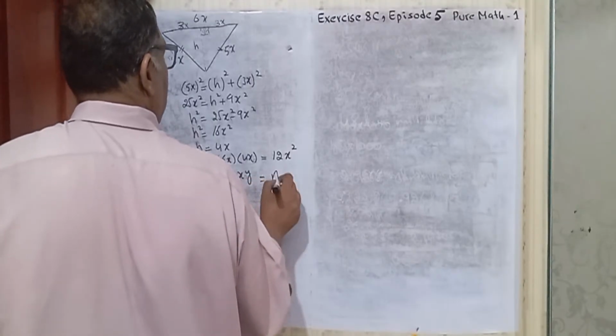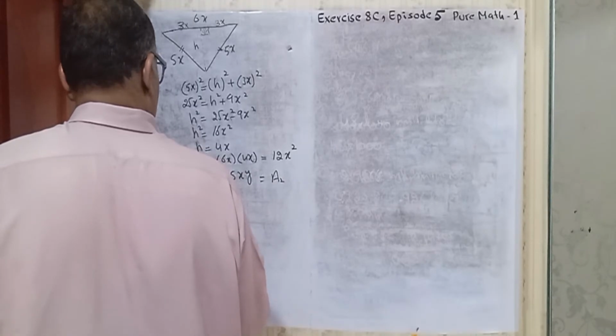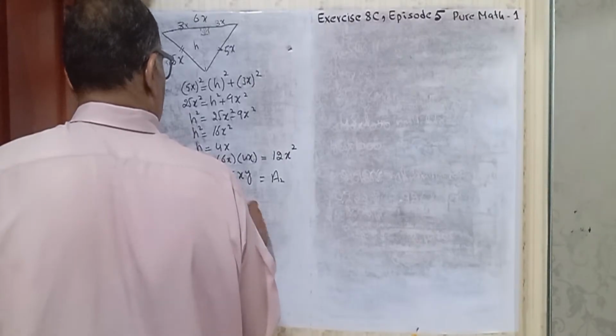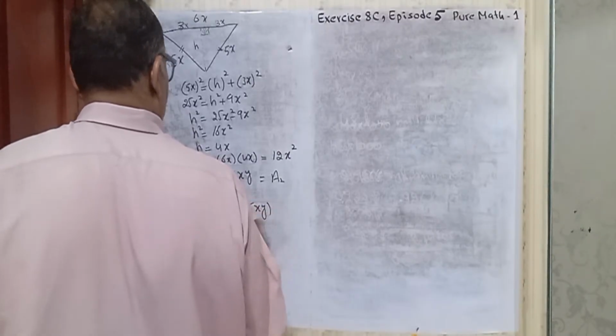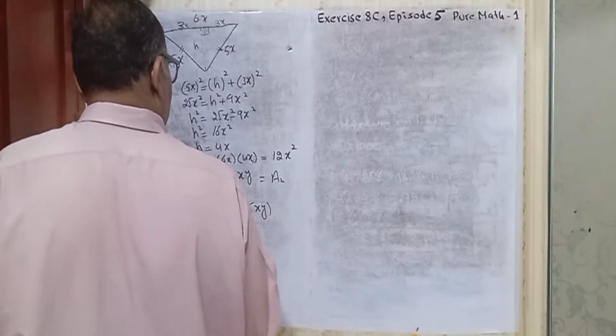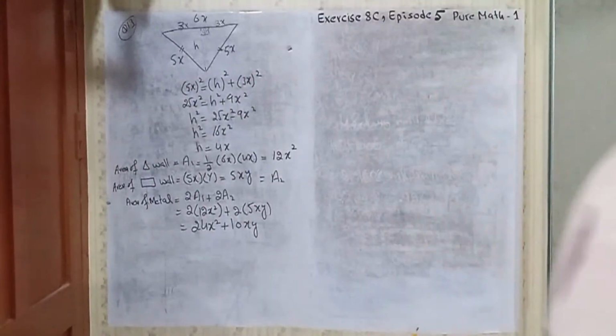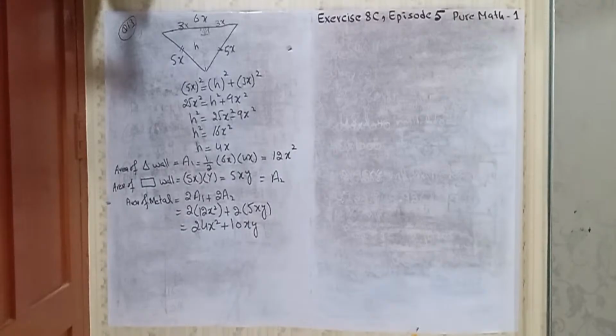So area 1 is 3x squared and area 2 is 5xy. So this will become 6x squared plus 10xy. In the question, they have told us that the area of the metal used to make that container is 500 centimeters squared.